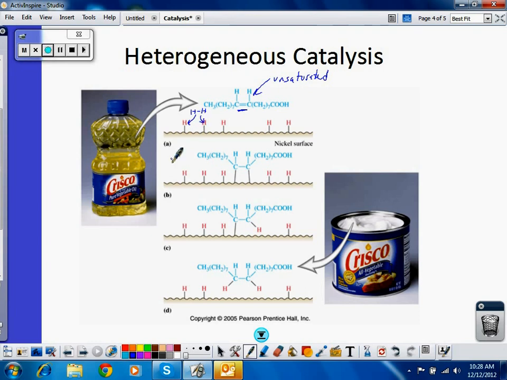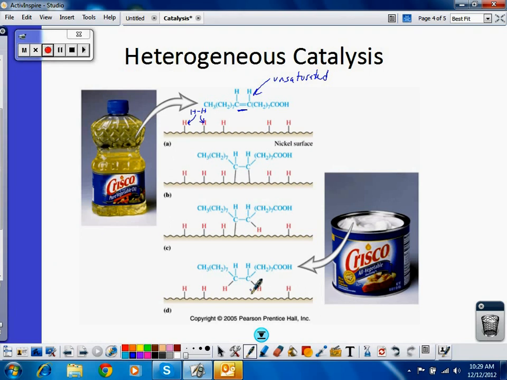And the nickel surface holds each of those hydrogen atoms in place, and then the unsaturated fat comes down and this double bond hits the nickel and breaks, so now I have a single bond here, and these two carbons are also attached to the nickel. Once that happens, the hydrogens attach to the carbons and take the place of that second bond, and then I get a saturated fat.